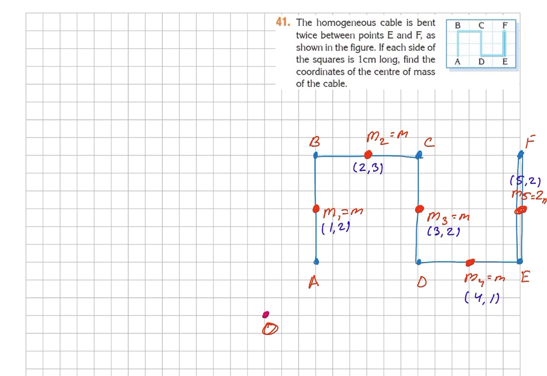For example, the cable segment AB can be considered as the point M1, which is here, and so on, M2, M3. All of them have the same mass except the last one, because the last one is bent twice. That's why M5 will have double mass.